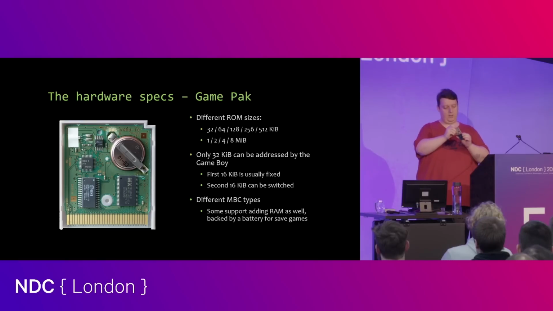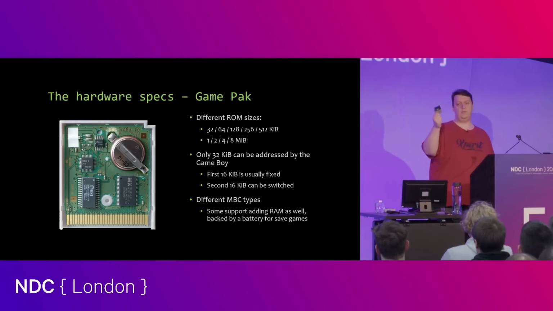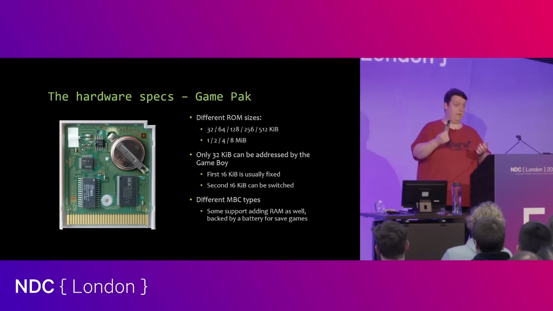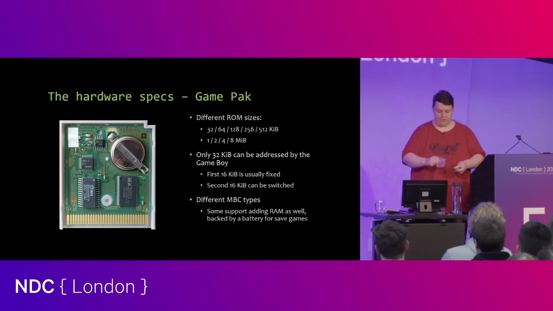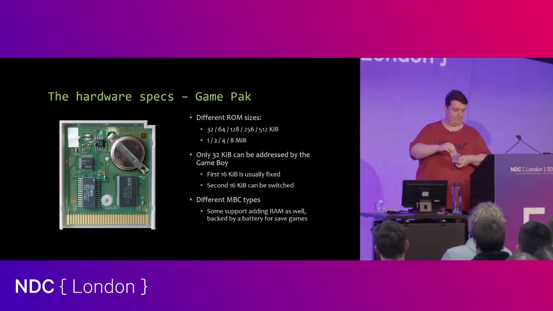And then you can plug this device in. This even has a USB-C connection, and then you can dump this cartridge onto your system. That's the legal way of emulating games. But I'm sure you can find other ways as well.